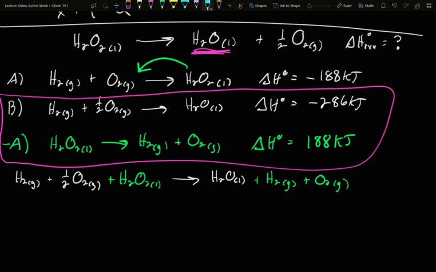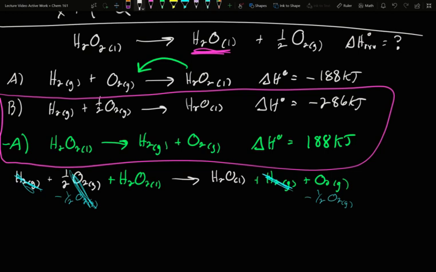If we then look for anything that's on both sides, well, there's an H2 on both sides. So we take an H2 off of both. There is half of O2 on the left and a full O2 on the right. So minus 1/2 O2 from both. We will cancel the O2 on the left, but we don't get rid of all of it on the right.